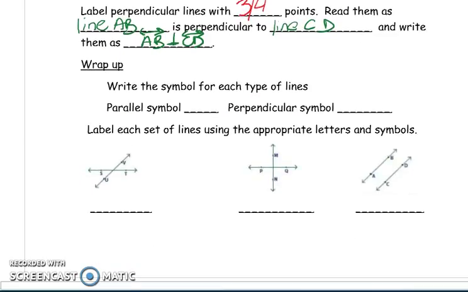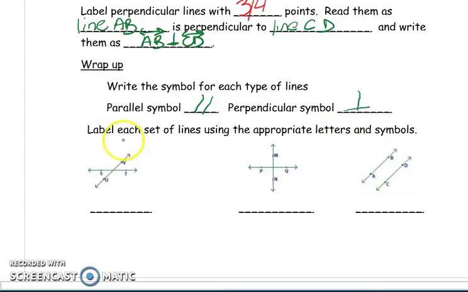Okay, so you're going to write the symbols of each of these types of lines. So the parallel symbol looks like a sideways equal sign, and the perpendicular sign looks like an upside down T. Okay, that's what that symbol here is.